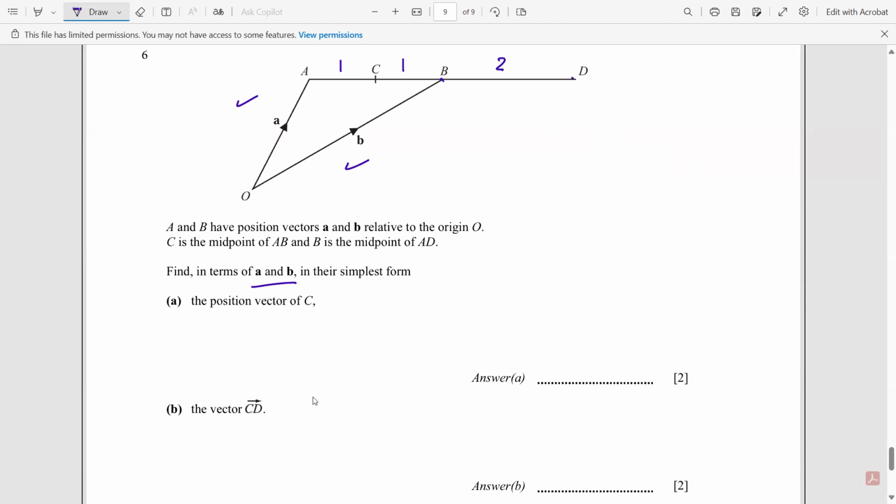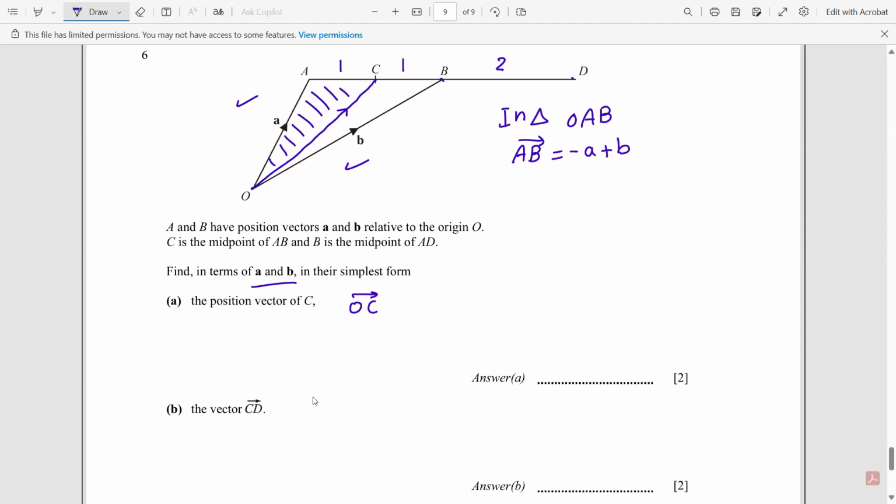Position vector of any point means from the origin to this point, OC. Where is the OC here? Yes, this vector OC is simply, you can first consider this triangle. In triangle OAB, the vector AB is simply AO, that is negative A, plus OB, which is B. Okay, so AC vector is half of this one.